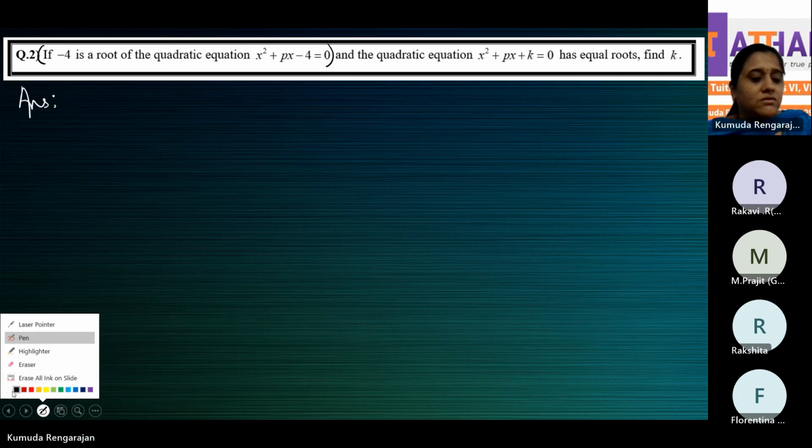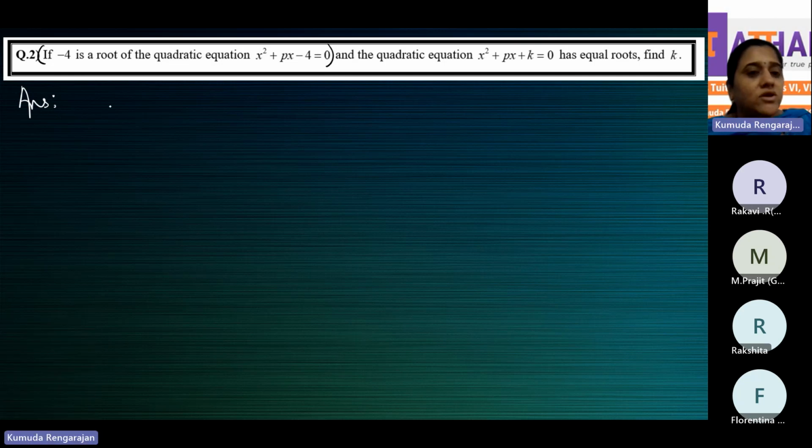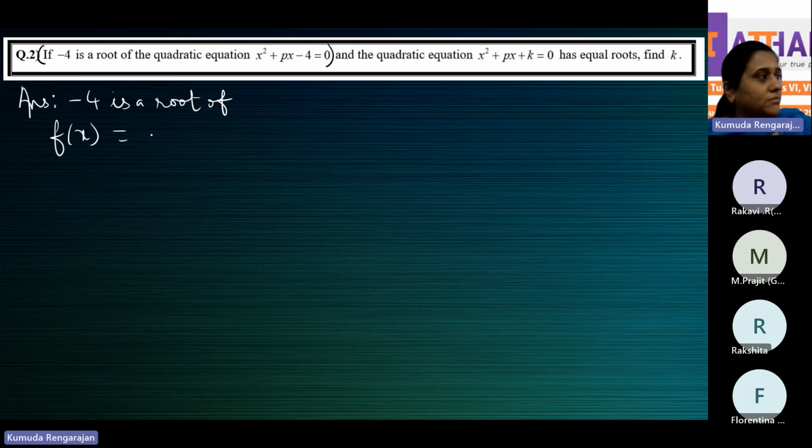So if minus 4 is a root of the quadratic equation x squared plus px minus 4 is equal to 0, let's name the polynomial f of x. So f of x is equal to x squared plus px minus 4.